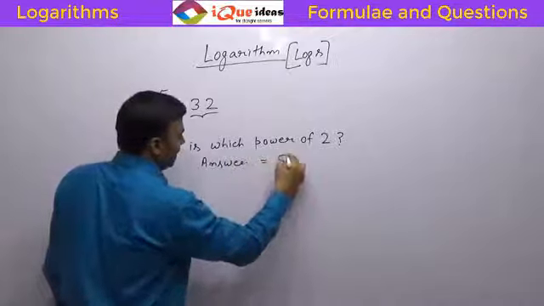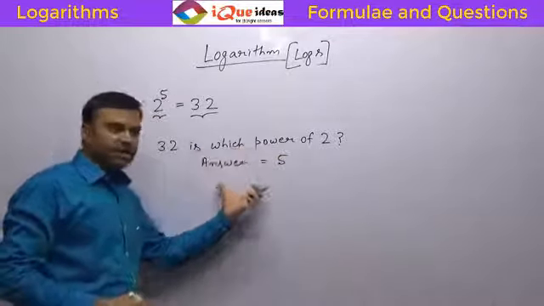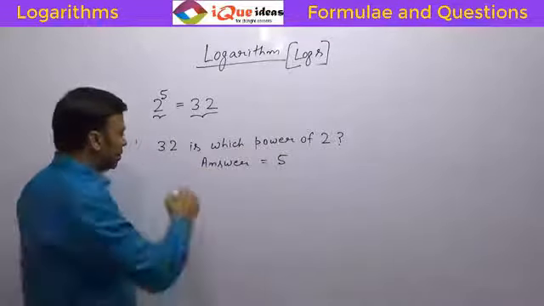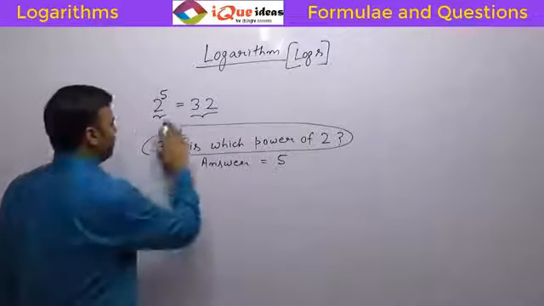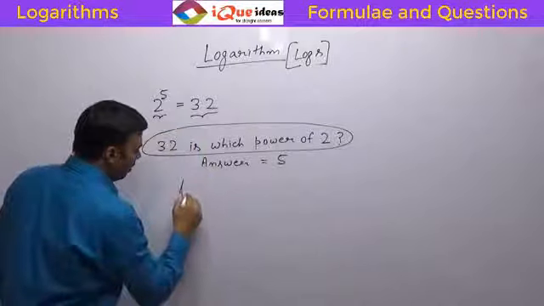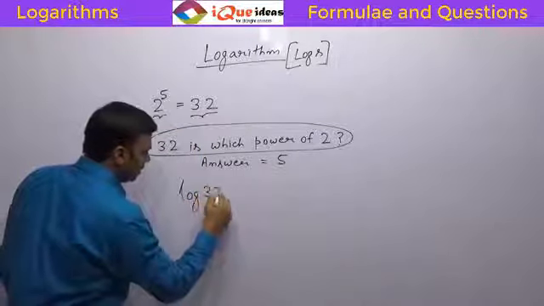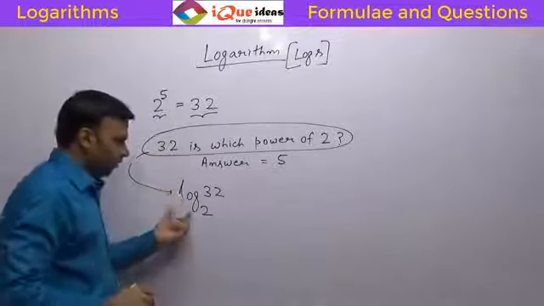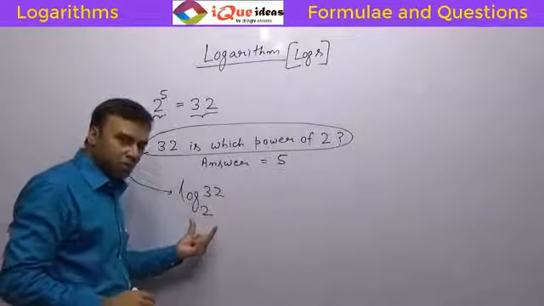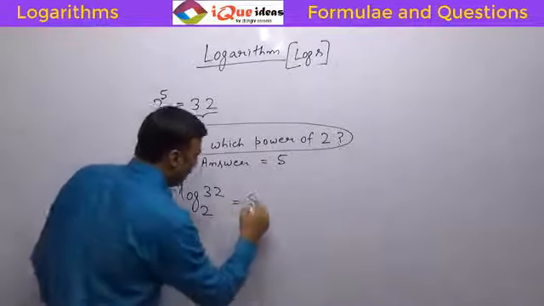Now, for this whole process, there is one single expression. This statement can also be written in the form of log, and it is like this: log of 32 to the base 2 is equal to 5.